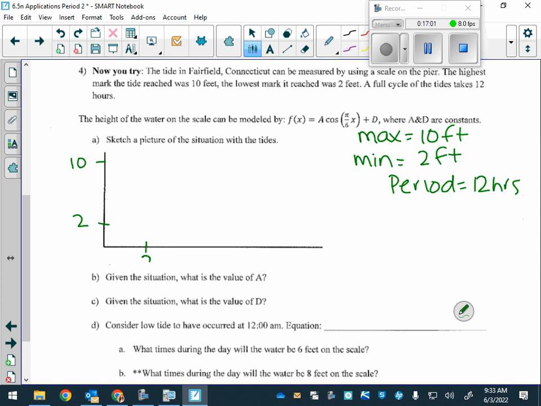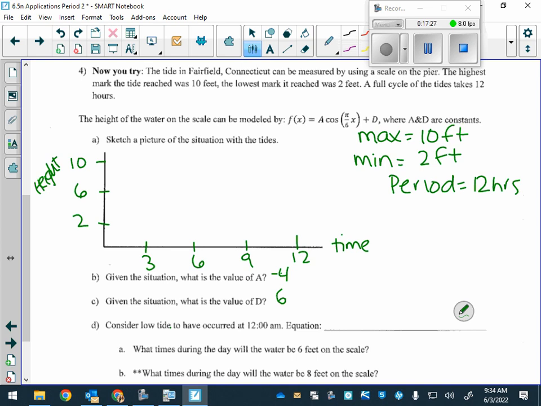Okay, so we have the same. What is my amplitude? 4. Good. So therefore my midline is? Excellent. Good. Value of A, and it would be negative since we're starting at the low tide. Okay.